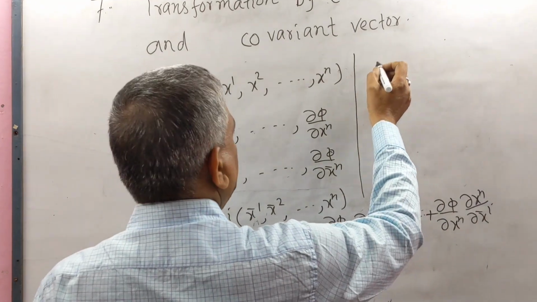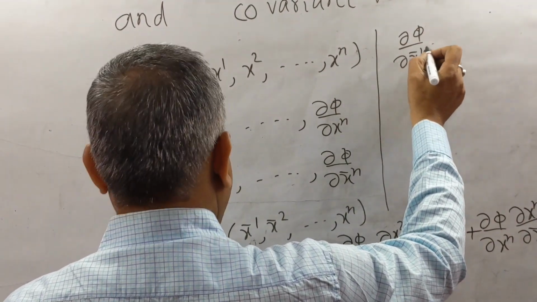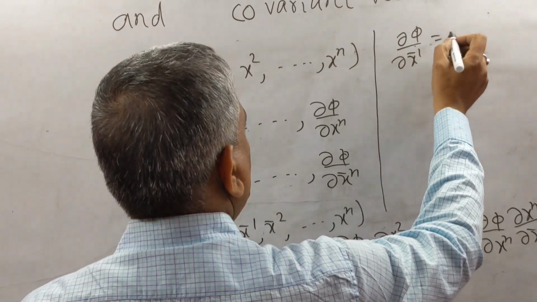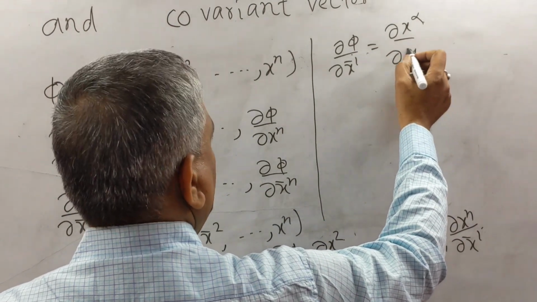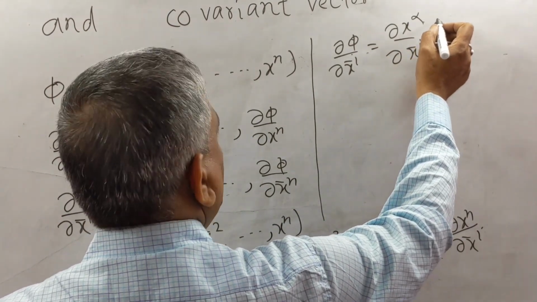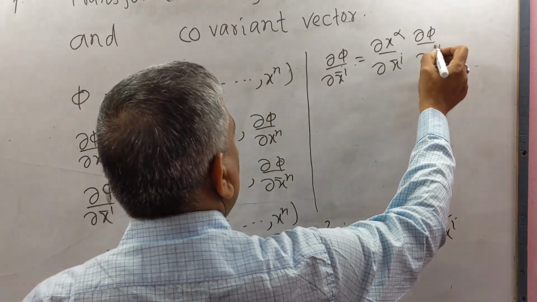We may also write this as del phi by del x bar i equals del x alpha by del x bar i times del phi by del x alpha.